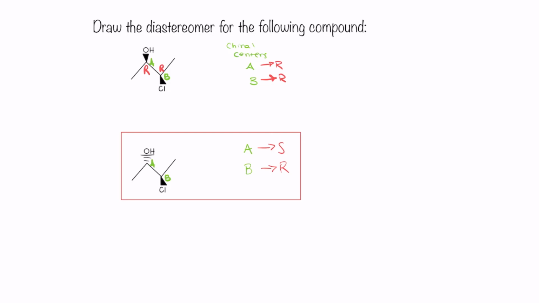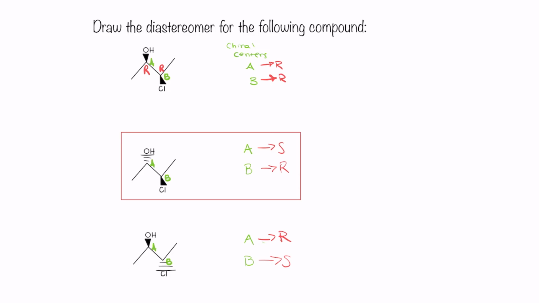We could have also approached this another way. We could have redrawn the compound here and instead erased the wedge from that chlorine and switched it over to a dash. If we do that, A is going to stay the same as R because it was originally on a wedge and it's still on a wedge, but B is going to flip to S because it was once on a wedge, but now it's on a dash.